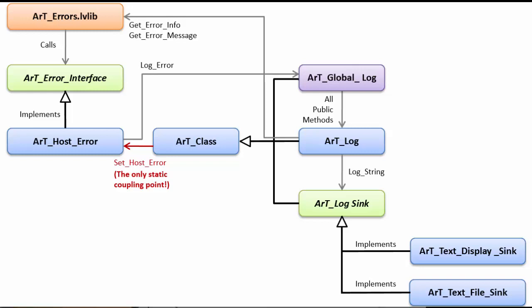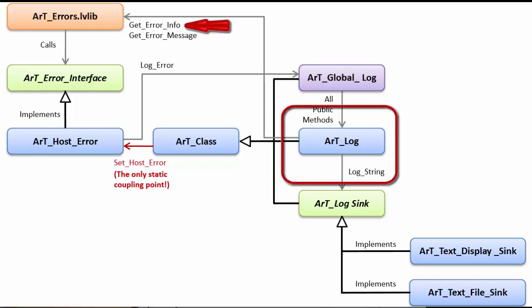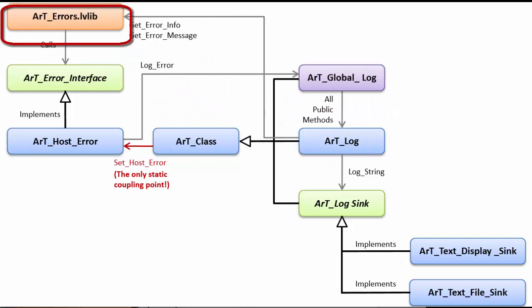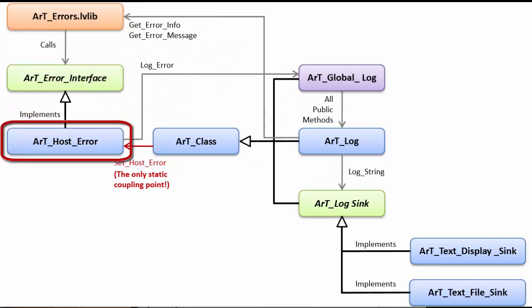For example, the log needs to call get error information on the error specs. So it calls the wrapper. And error host needs to log internal errors to the global log. So it calls this way.